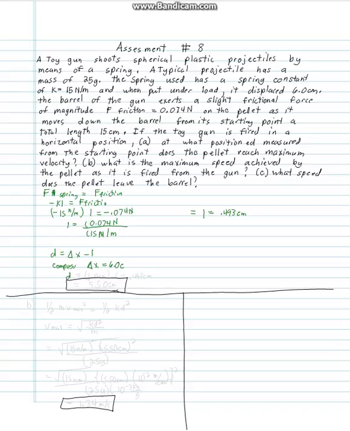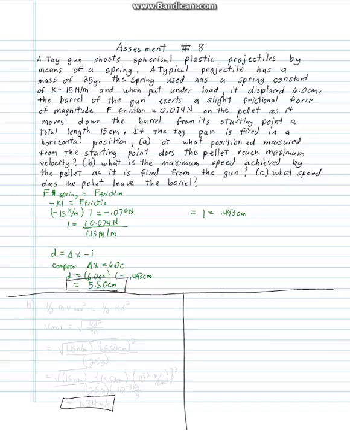So if we plug in our givens, our delta x is going to be our 6 centimeters minus our 0.493 centimeters, which ends up giving us 5.50 centimeters. So the maximum velocity of the pellet would be at 5.5 centimeters from the starting position.